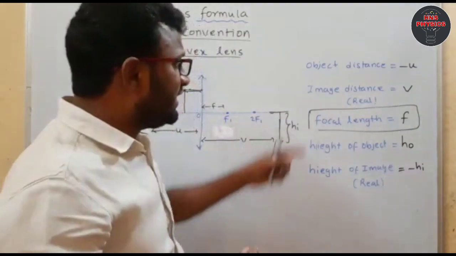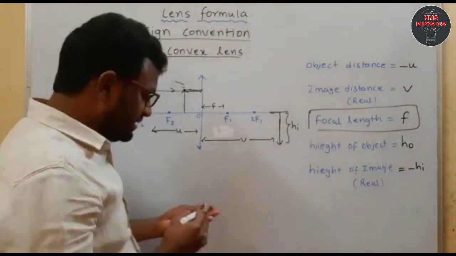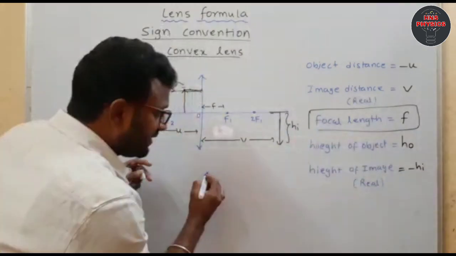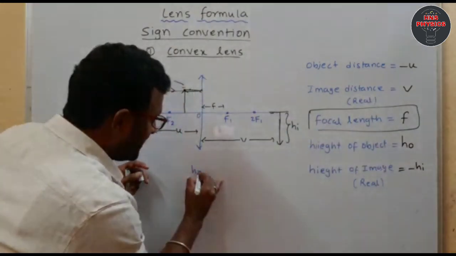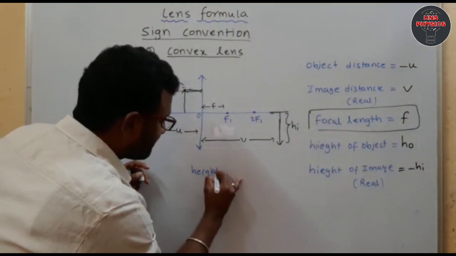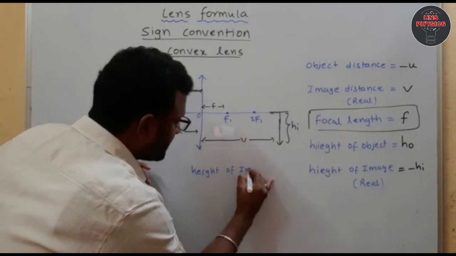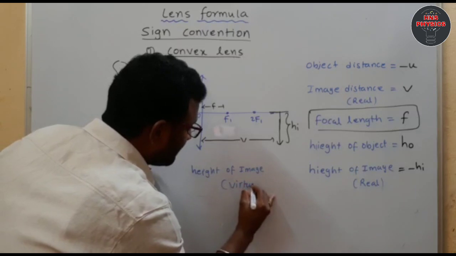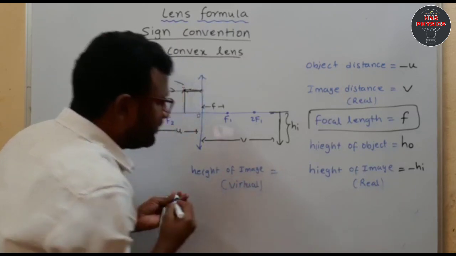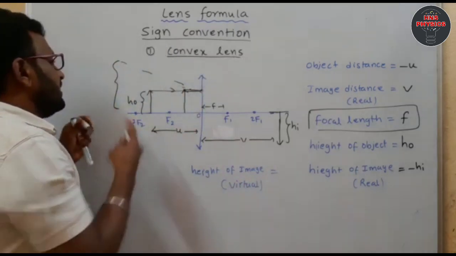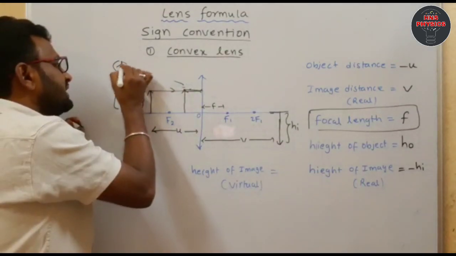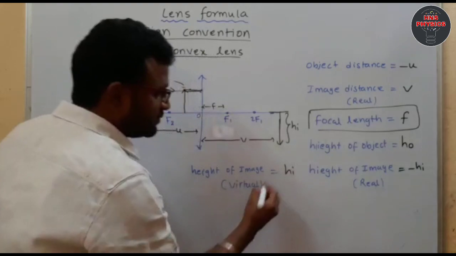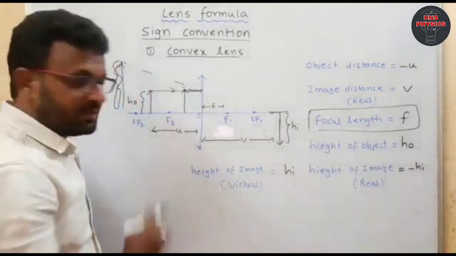For a virtual image, the height of the object is positive only, and the height of the image is also positive. So the height of the image is positive for a virtual image.